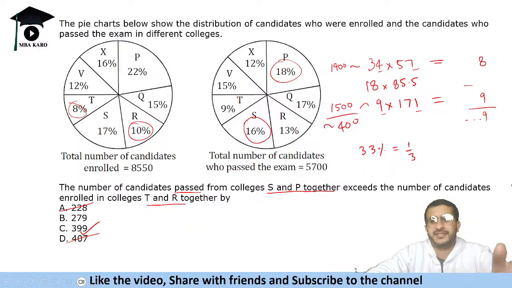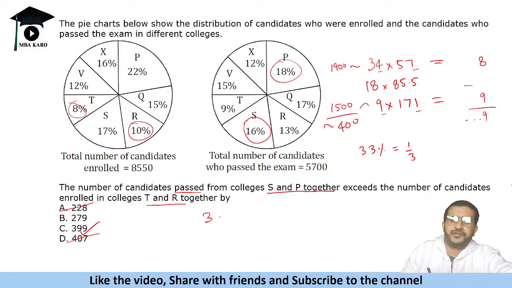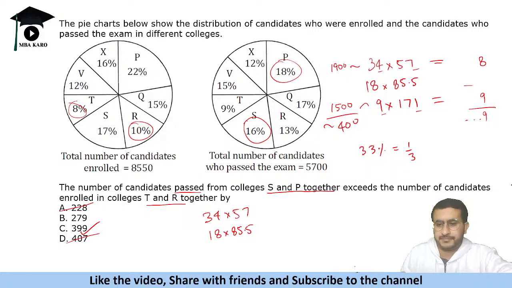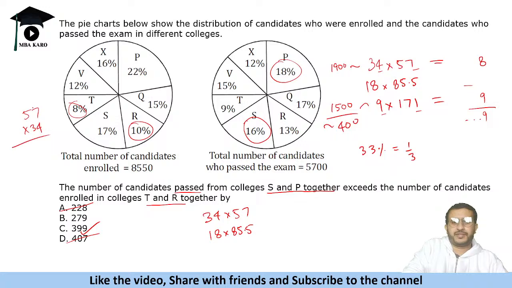Okay so you apply these techniques, you solve questions much faster than rest of the people. And ये तो हर कोई लिखेगा 34 into 57 and 18 into 85.5. अब कुछ लोग कैलकुलेटर लेके like you cannot use calculator in the exam, isn't it? So people will multiply 34 into 7, 34 into 5, and they take double row to multiply. लोग ऐसे करते हैं 57 into 34 फिर 4 से multiply करते हैं.